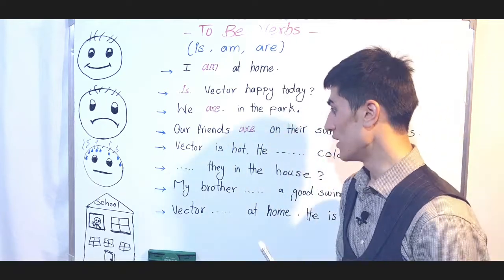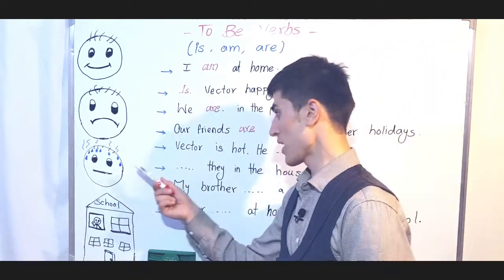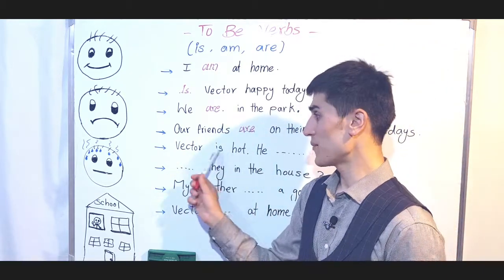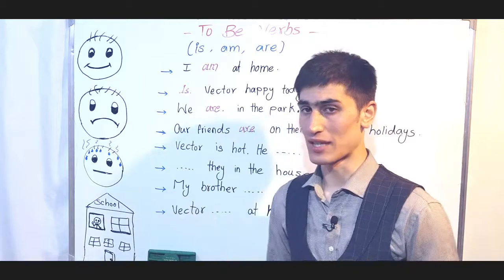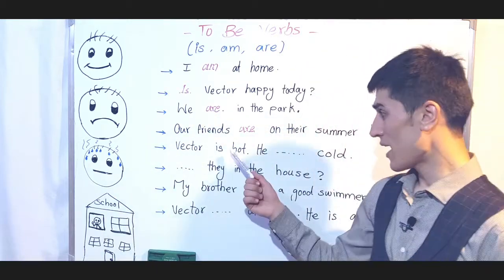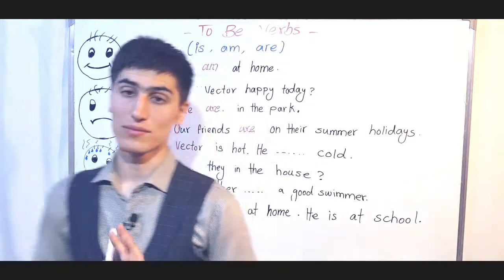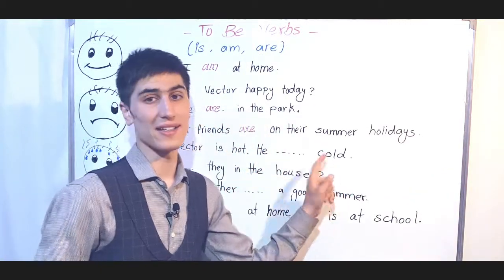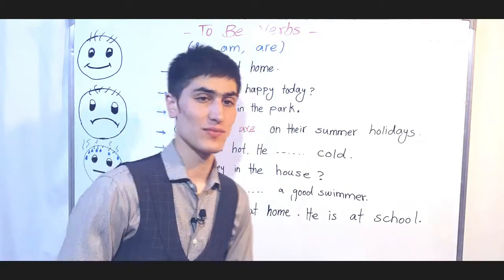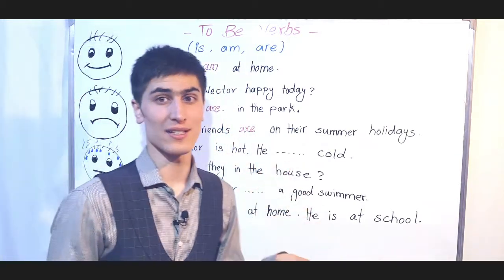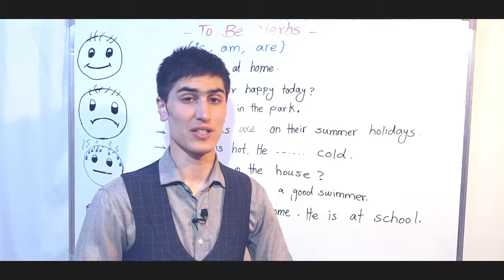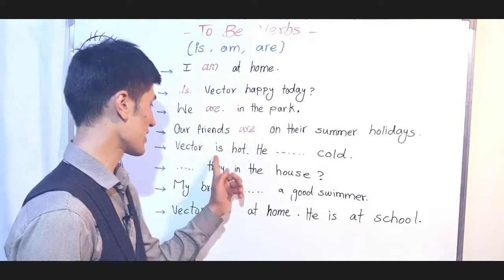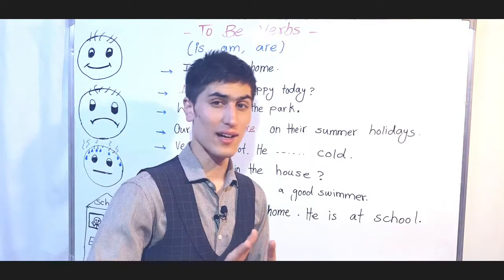Next example, it's about Victor. Now Victor is hot. Victor is hot, meaning the weather is hot and Victor is sweating. He is hot, so he is not cold. Victor isn't frozen, so he is not cold.